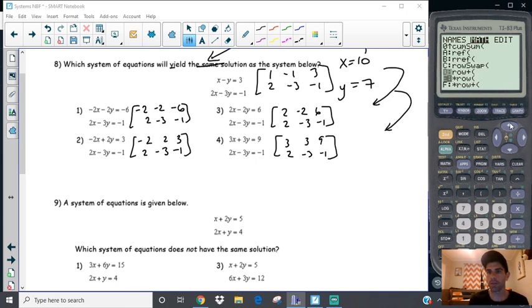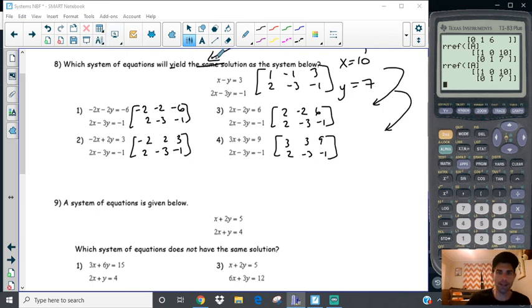To the matrix. Enter, enter. 10 and 7, there it is. This one has the same solution, so my answer is 3. And if you tried these guys, you would notice that the solutions were different. So that's how you knew it wasn't the correct answer.